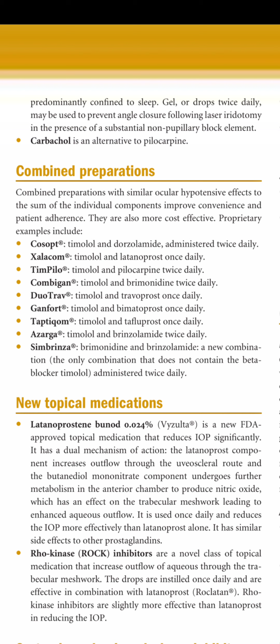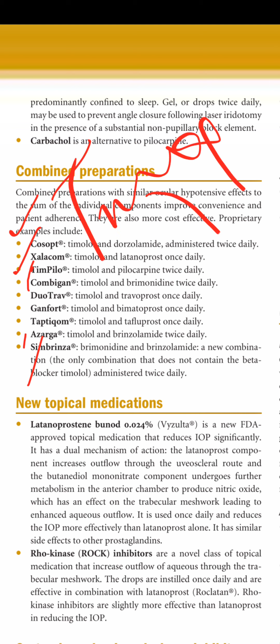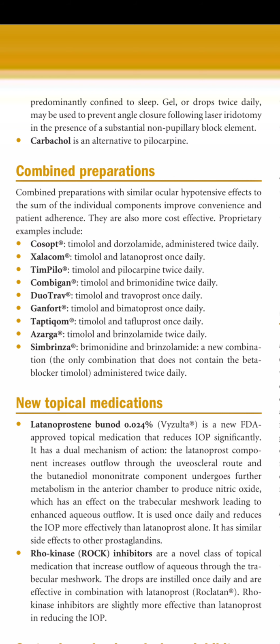Proprietary examples include, so these are going to be all the brand names that contain the different preparations. Like Cosopt has a timolol, and most of them usually have a timolol with another agent, like a carbonic anhydrase inhibitor, a prostaglandin, or an alpha 2 agonist. Most of them usually have a timolol in them except Simbrinza.